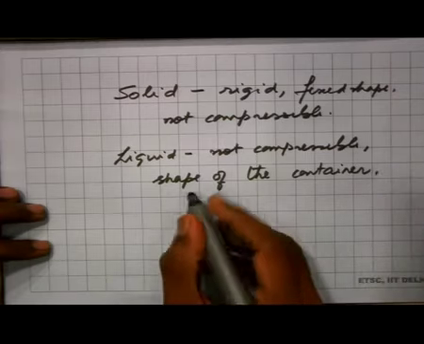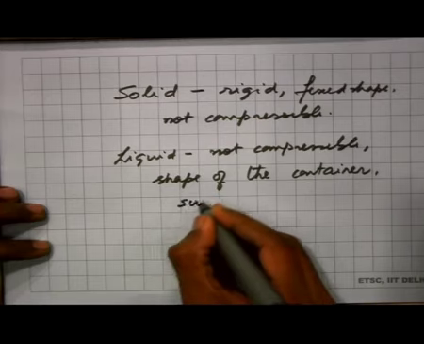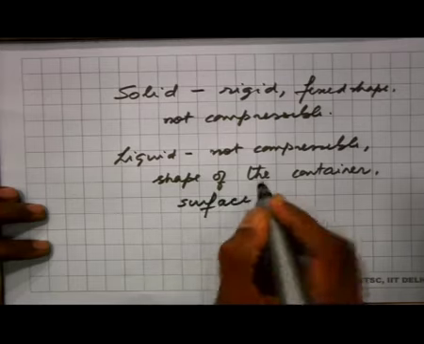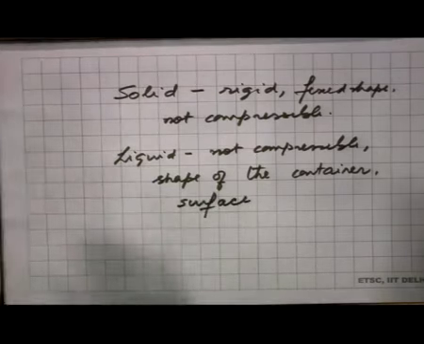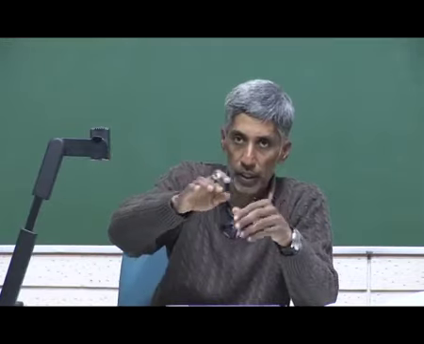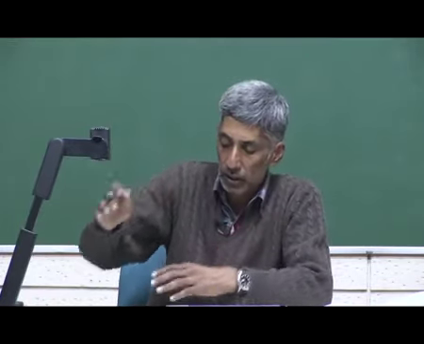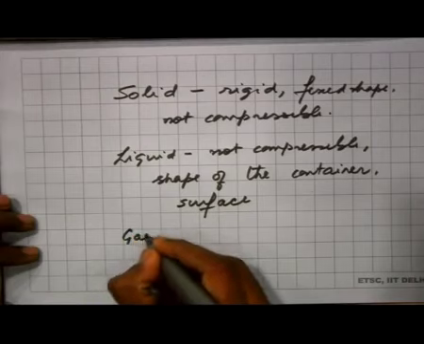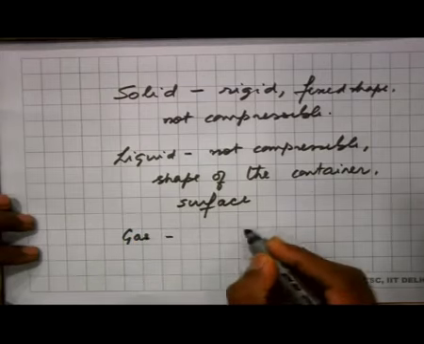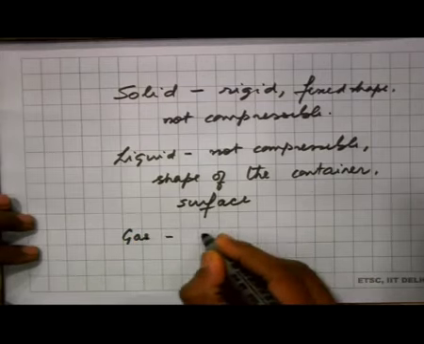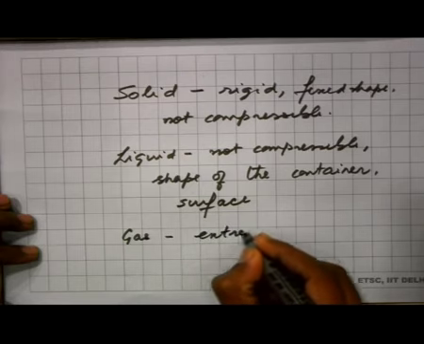and the other important thing is that, like a solid, it has a surface. So, if you put a liquid into a container, it has a surface. The reason I point this out is if you consider a gas on the other hand, this has no surface, it is extremely compressible.